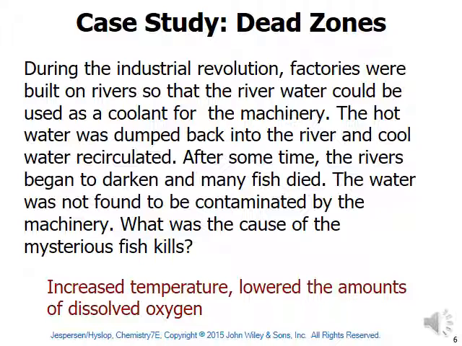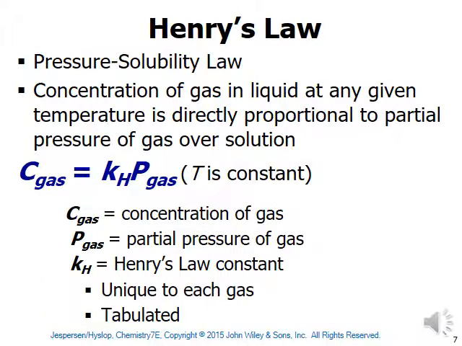And here's another example that I just talked about. All right, now another relationship is between pressure and solubility. The concentration of a gas in a liquid at any given temperature is directly proportional to the partial pressure of the gas.